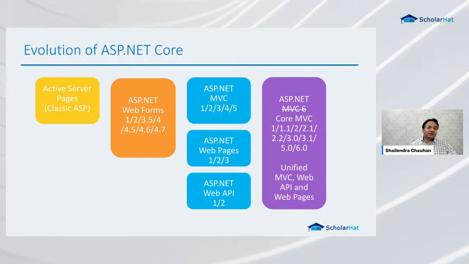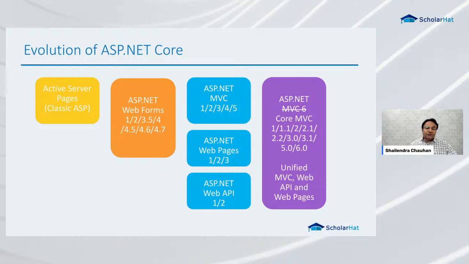Later on, Microsoft introduced ASP.NET Web Forms, and in ASP.NET Web Forms, we have drag and drop support and server controls. Using that, we build web applications. Then we have ASP.NET MVC. In MVC, we have 1 to 5 releases. We have web pages, we have Web API. So these are the various versions we have for MVC, web pages, and Web API.